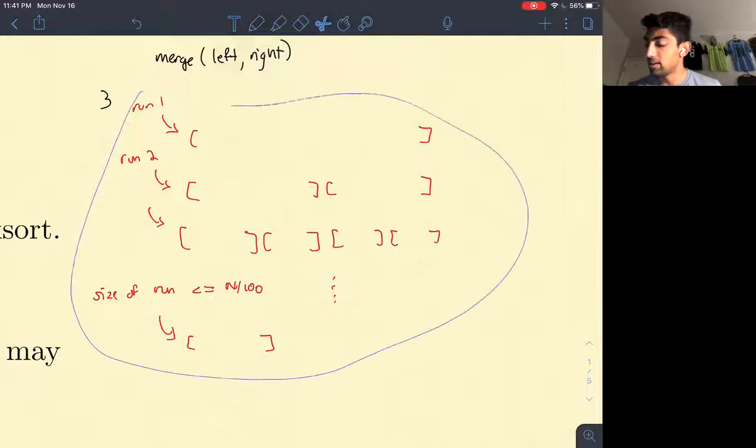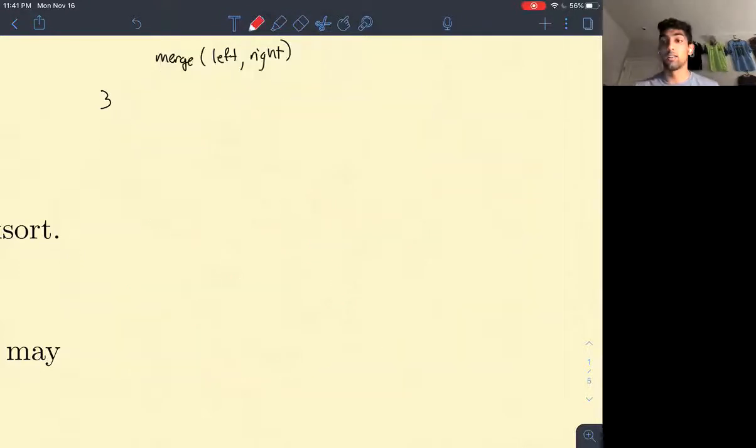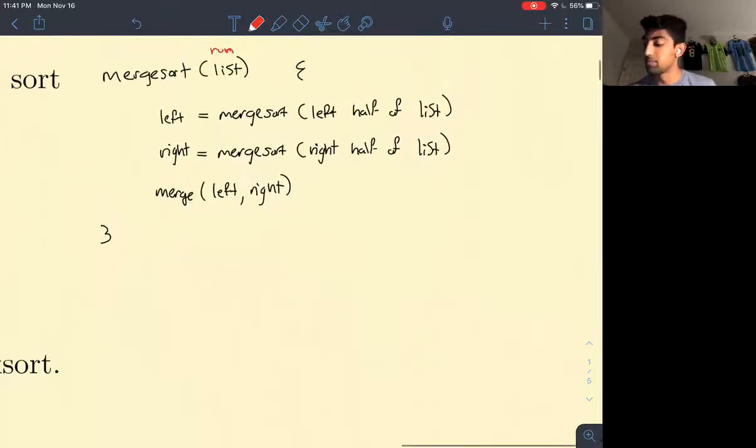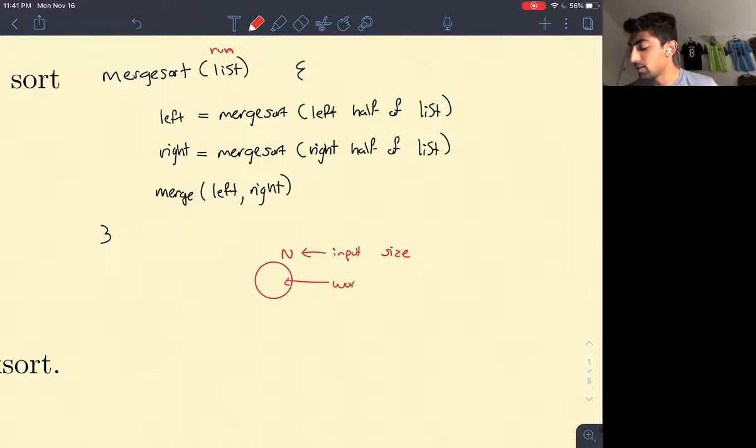With this in mind, let's recall how the asymptotic tree looks for merge sort. The first time we call merge sort, our input size is n. In the middle, I like to put the work done for this function call.